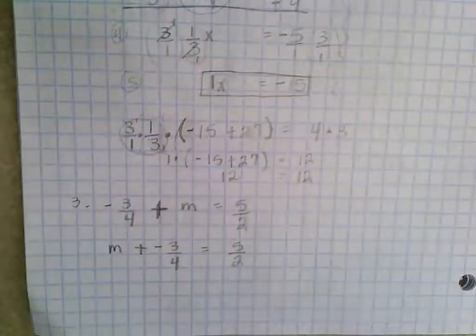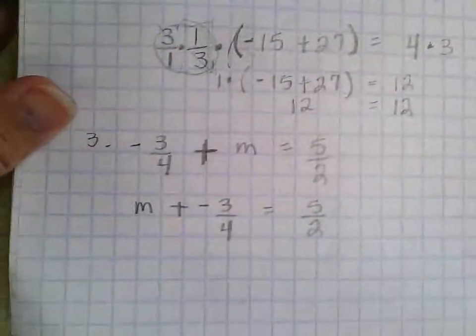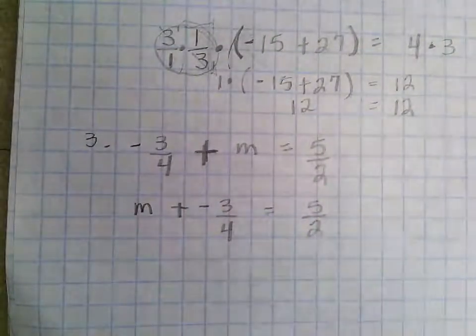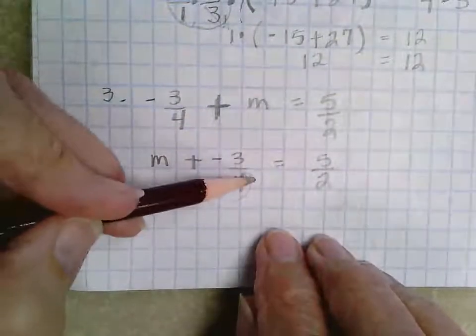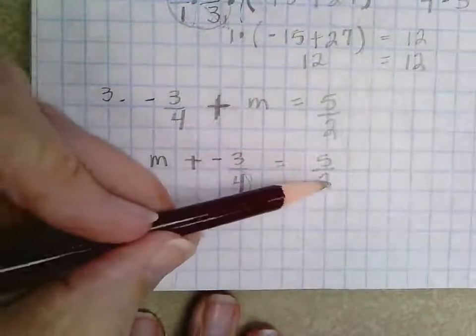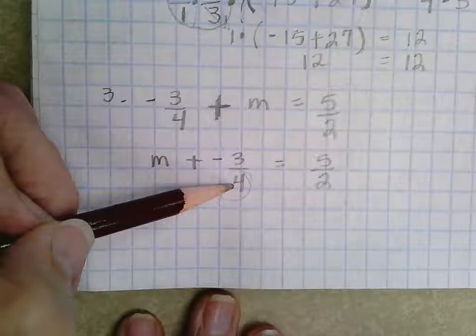Now I see again that I have fractions, so I'm going to multiply everything by my least common denominator, and I have 4 and 2, so I'm going to start with my largest denominator and ask myself, is the other denominator a factor of 4? Well, yes it is.